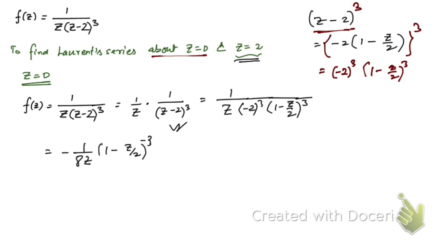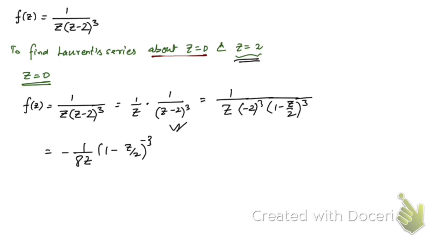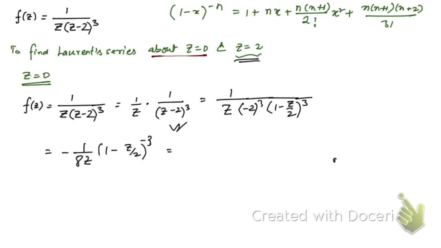So now you see, we know the expansion of this series, (1 minus x) whole to the power minus n, is equal to 1 plus n x plus n(n+1) by factorial 2 x square plus n(n+1)(n+2) by factorial 3 x cube plus dot dot dot, and so on.